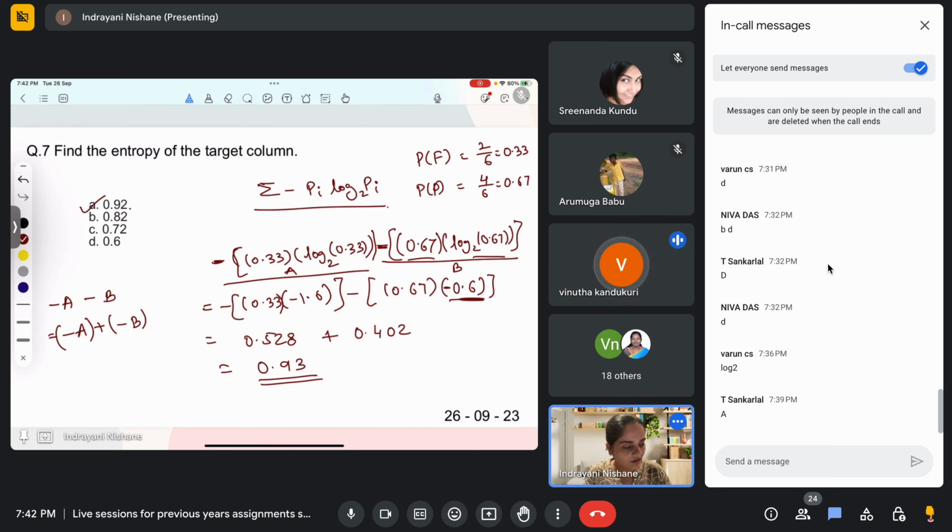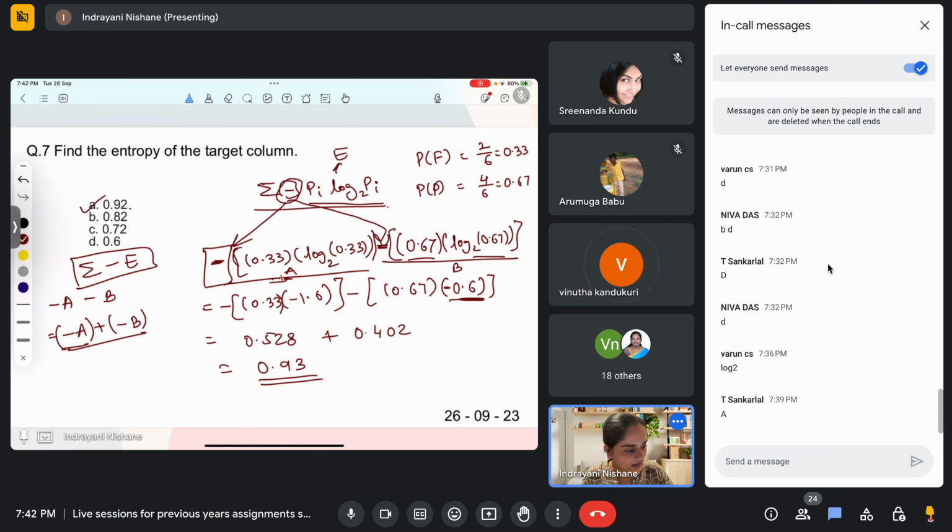So see, this formula says summation, minus, this is one term. If you call it entropy, let's consider it as E. So this is the formula, summation of minus E. So this A and B are the expansion values of this. There is a negative sign in front of this term, no? The negative sign comes here and here.